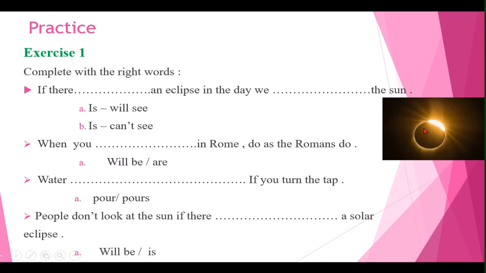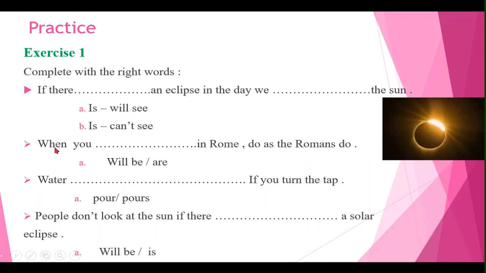It happens when the moon moves between the earth and the sun. So we call it a solar eclipse. Now you have to choose only one verb here: is or will see, and here is or can't see.